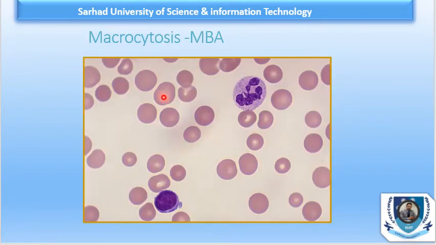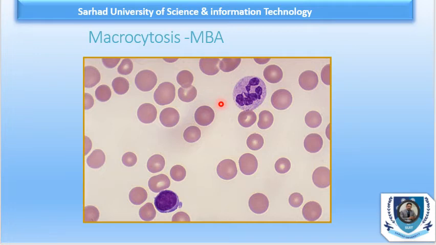Now this is a slide for macrocytic anemia, and remember one thing, that in macrocytic anemia we have hypersegmented neutrophils because we have folate or vitamin B12 deficiency. That's why the nucleus is showing abnormality, and normally we have 3 to 5 lobes, but in macrocytic anemia the lobes are high, more than 7 lobes.